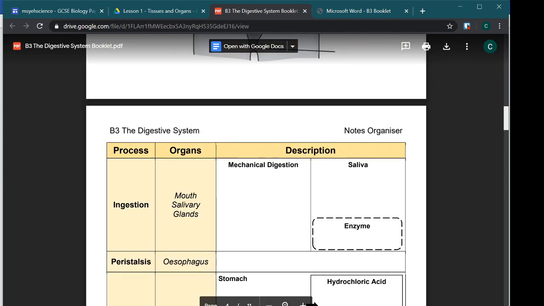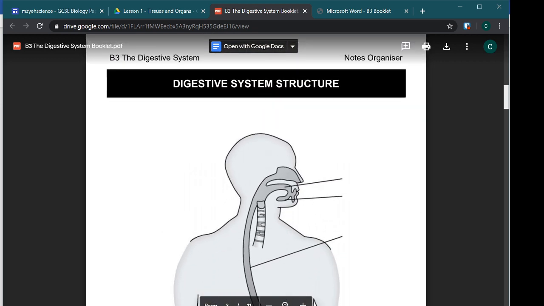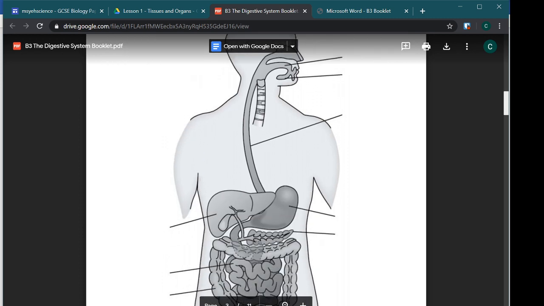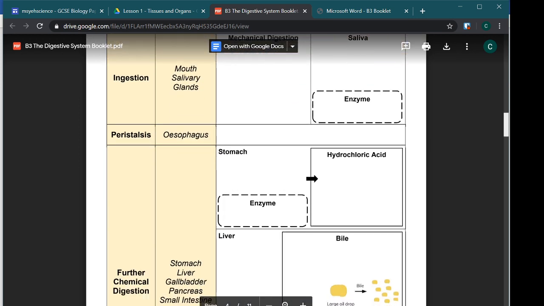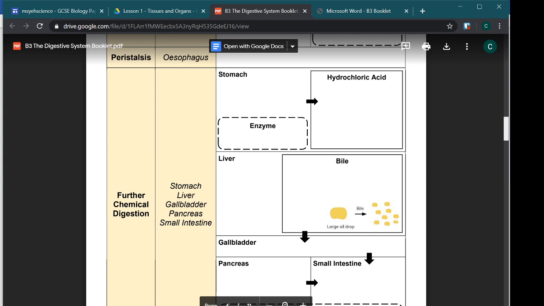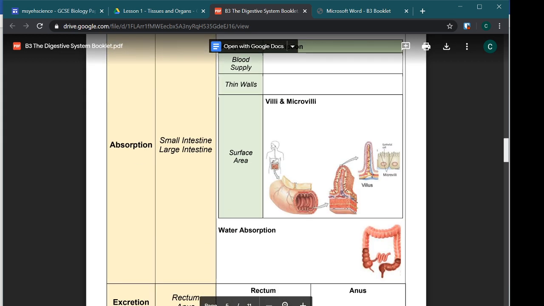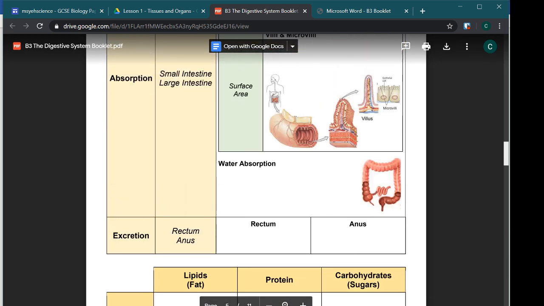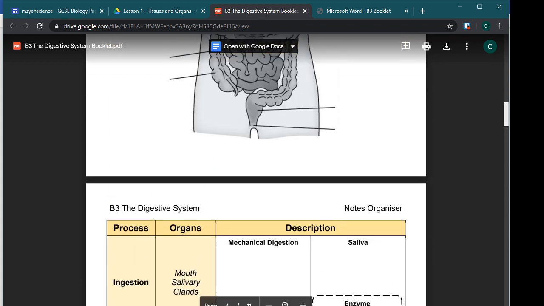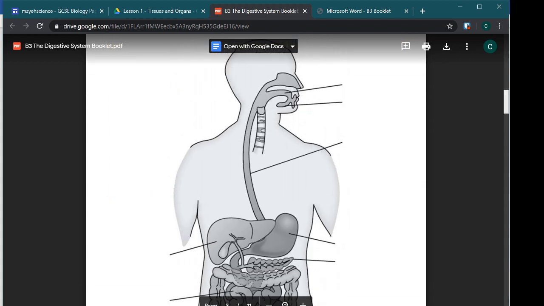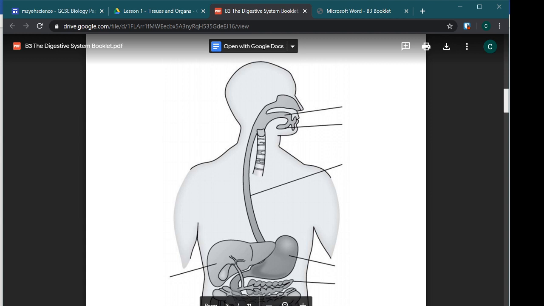We're going to be talking about the structure of the digestive system, where everything is, and all of the different processes that go on through the digestive system, sort of the journey of food as it goes through. There's quite a bit of information we have to get through next lesson, so if you want to do any prep work, I do recommend that.